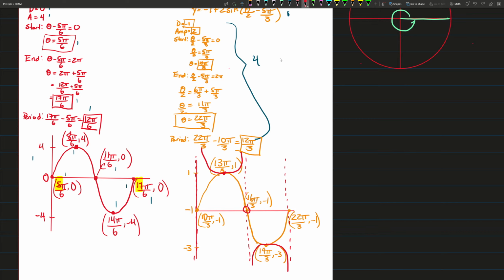Okay, so the part in red is what I'm really grading you on. But those points matter because our asymptotes are going to be 16 pi over 3, 22 pi over 3, and 10 pi over 3. And then our critical points are going to be 13 pi over 3 and 19 pi over 3. So those are all still really important. It just tells us different things about the graph.